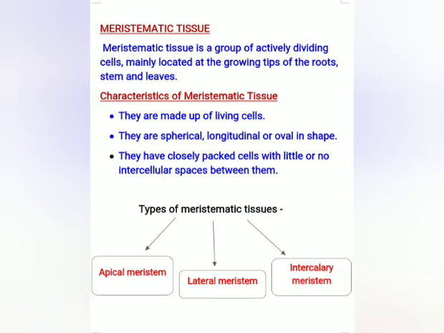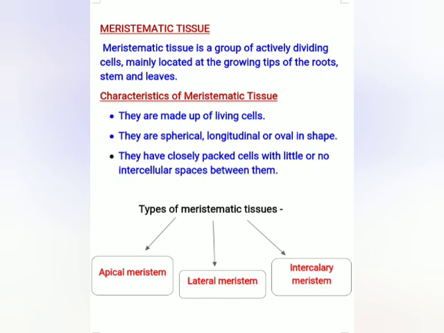Meristematic tissue. Meristematic tissue is a group of actively dividing cells mainly located at the growing tips of the roots, stems and leaves. They are mainly living cells.